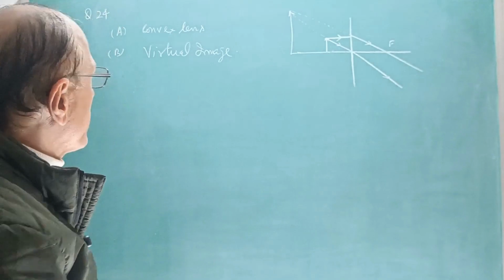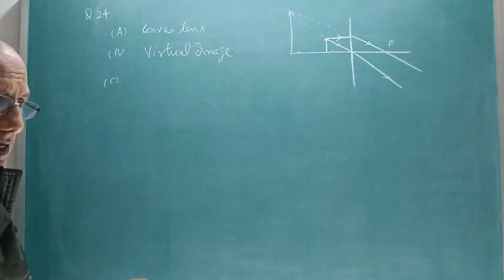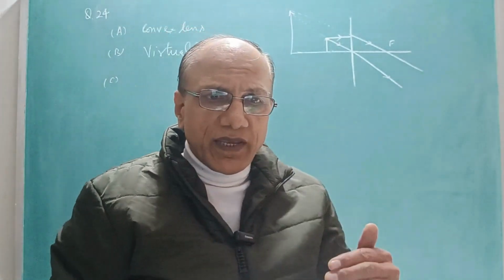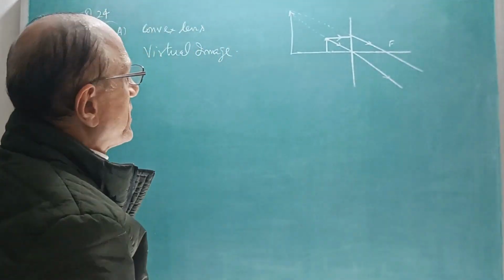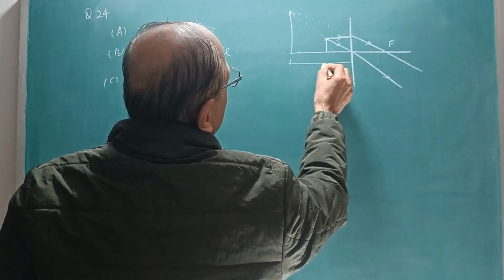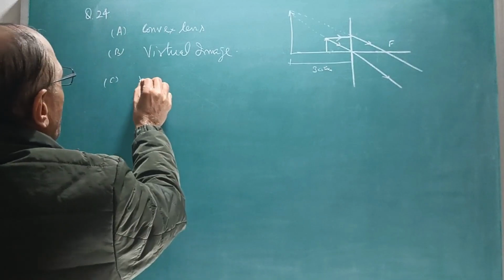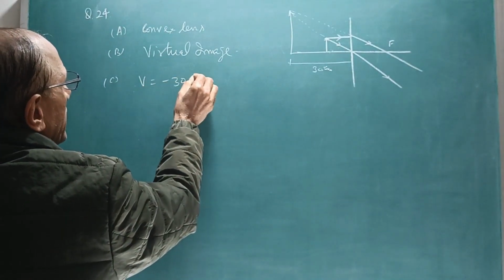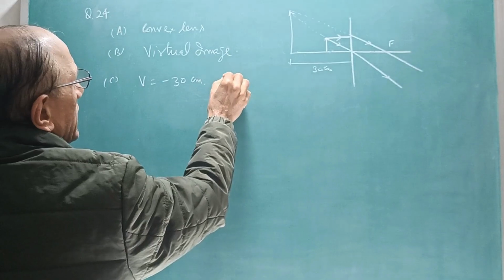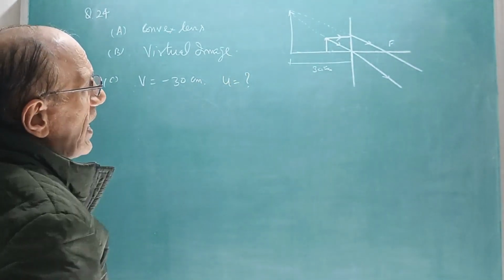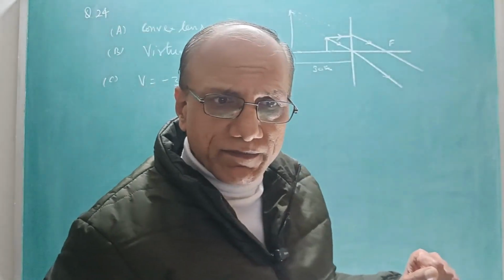And C, third part, if the image is formed at a distance of 30 centimeter, that means this distance is 30 centimeter. That means here V is minus 30 centimeter. So he says, what is the value of U? One more condition is there.